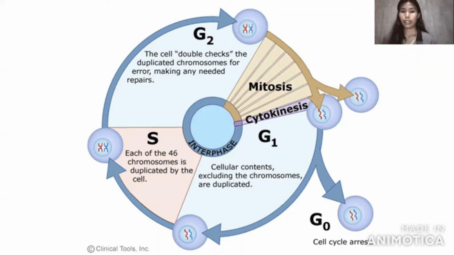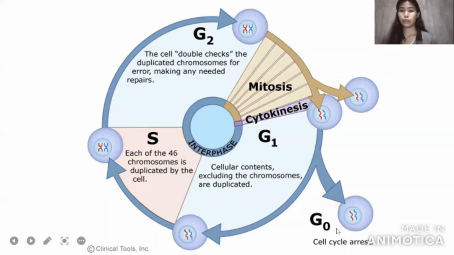In the M phase, cells actually divide to make more cells. But most of the time, cells are in the interphase, so most of the time they are not actually dividing. In the interphase, you have the G1 phase, S phase, and the G2 phase. There are some cells that don't go through these phases because they are in the G0 phase.